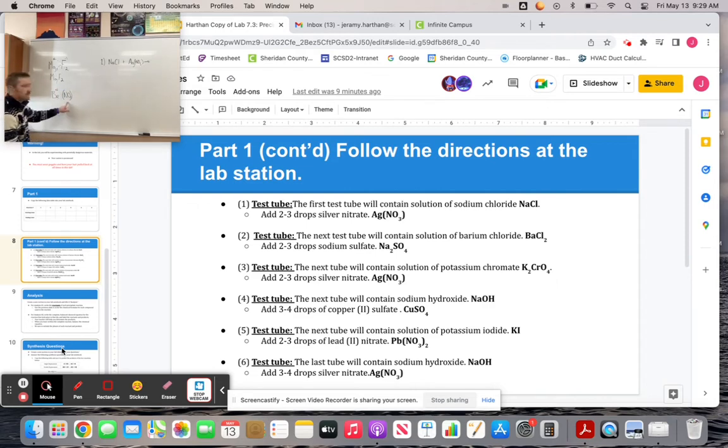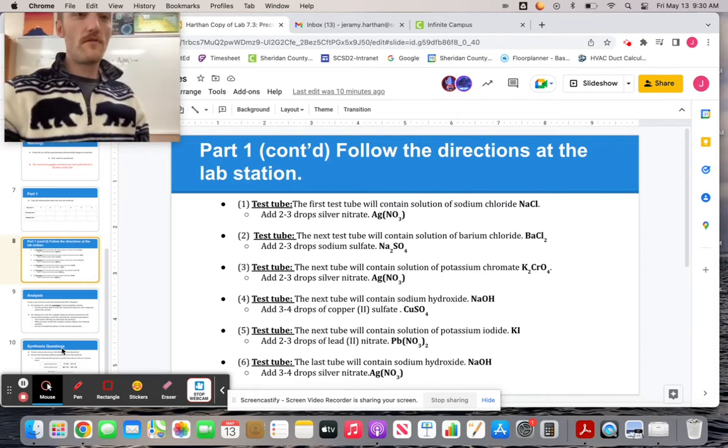NO3, if we look at our polyatomic ion list, has a little negative symbol there, which means it's a -1. Then we follow the same steps. Crisscross, don't need to write ones, but I do need to put my 2. So you end up with Be(NO3)2.